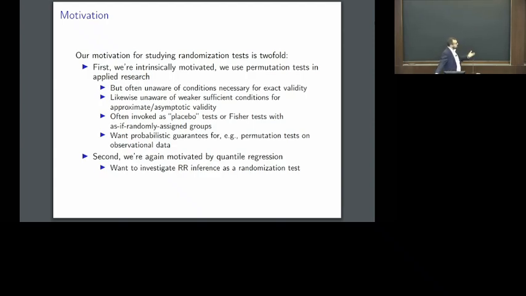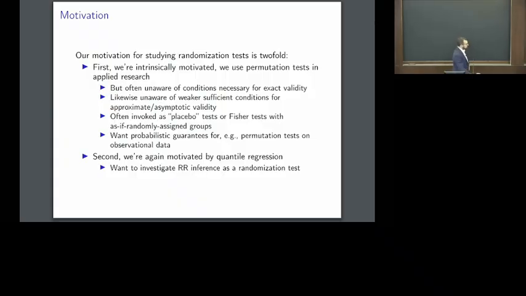But then oftentimes you'll see these placebo tests or pseudo-Fisher tests applied where we pretend that the treatment was assigned as if randomly, or your groups were assigned as if randomly, when in fact it's observational data, so comparing men and women, etc. And then we need to think a lot more carefully about validity and about conditioning.